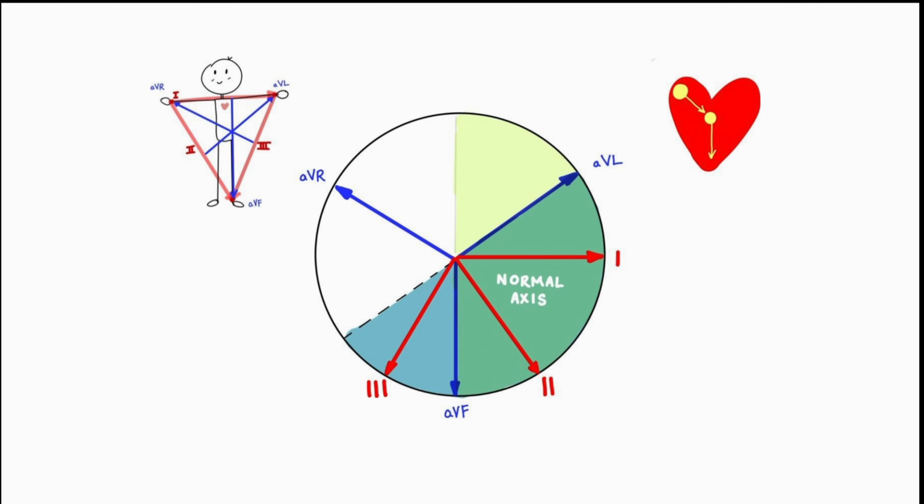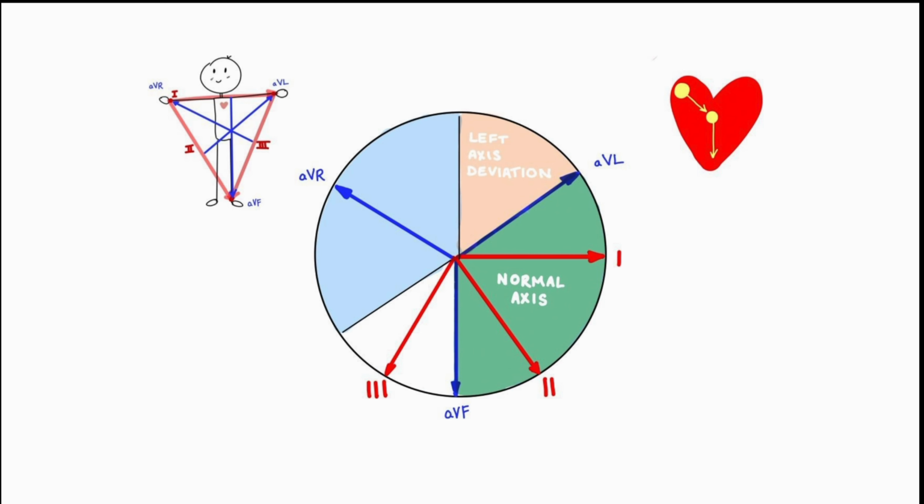You're not always going to be normal axis though. Let's say we're positive in lead 1, but now negative in lead 2. That means that light blue area is all that's negative in lead 2, but it's that beige area that overlaps with positive in lead 1, and that gives us our left axis deviation. So if we're positive in lead 1 and negative in lead 2, we know we are somewhere between minus 30 and minus 90 degrees, and that's a left axis deviation.